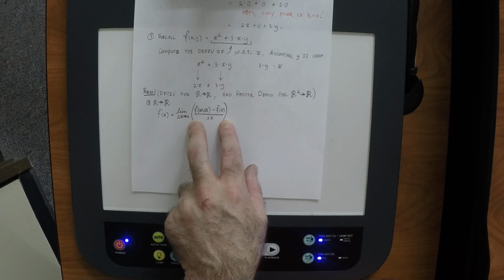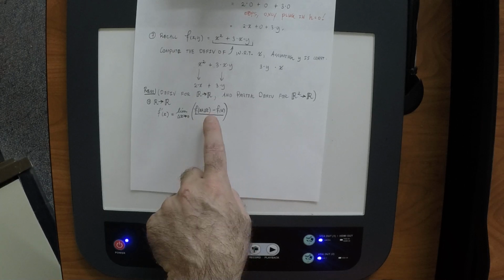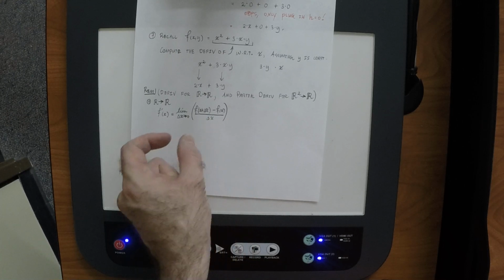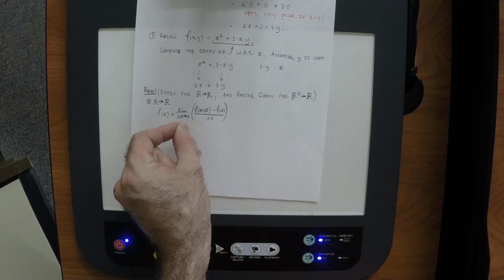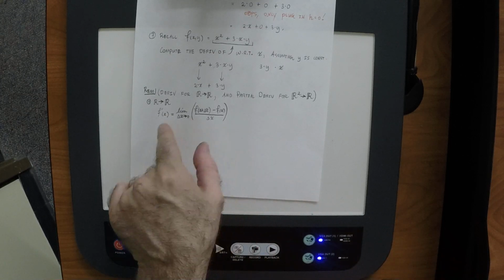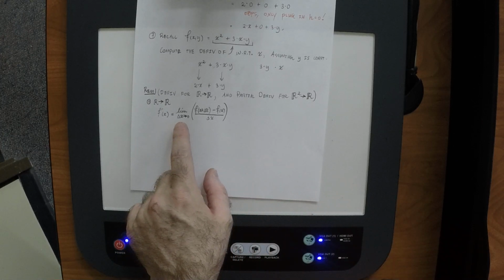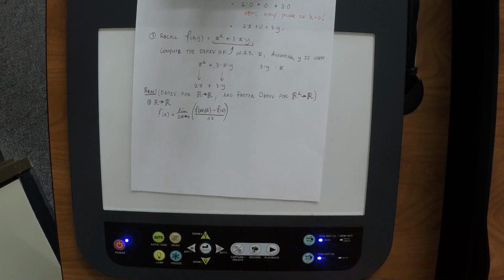I don't know if they talked about that a lot in 1325, but this is the slope of a secant line, and then when you allow the run, delta x, to go to 0, what this is saying is that the slope of the tangent line is the limit of slopes of secant lines. Well, that's what it's saying. Okay, beautiful. Now, that's the definition in the real-to-real case.